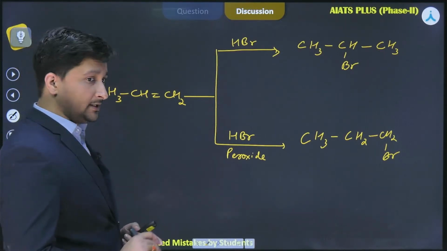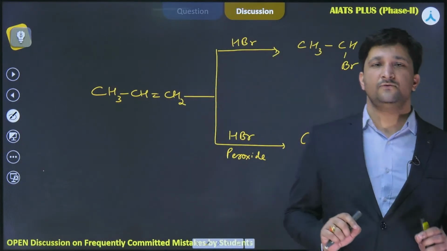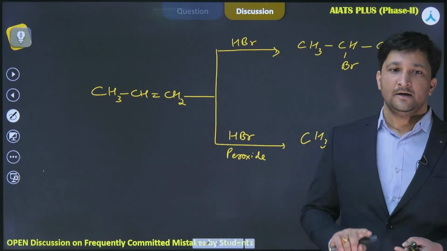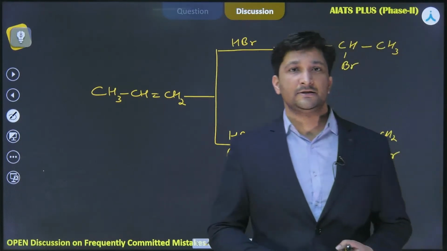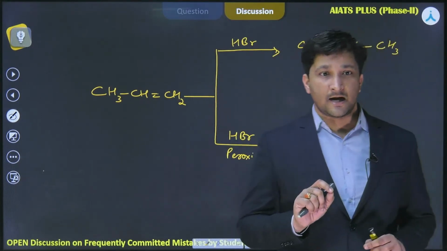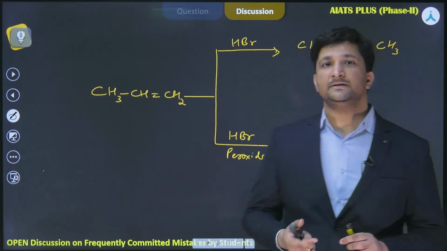So this is how. So now you have to understand that in the addition reaction of alkene, you have to take into account whether it is going for Markovnikov addition, whether it is going for anti-Markovnikov addition, okay, or you have to also think that if a carbocation is being formed in the reaction mechanism, then is rearrangement possible?